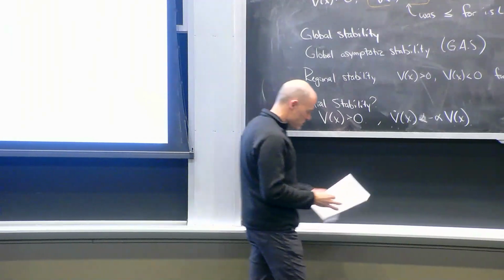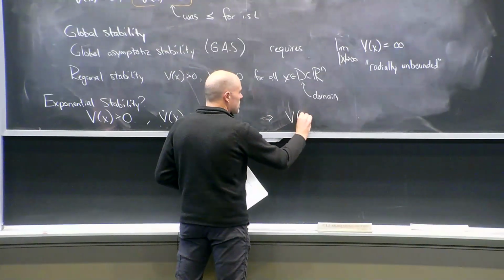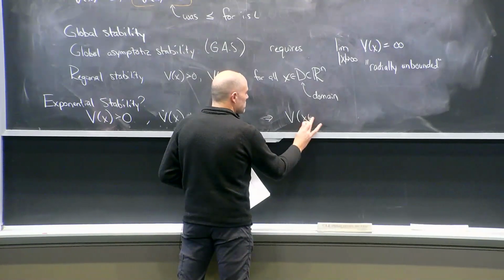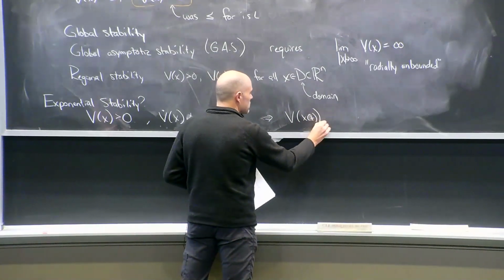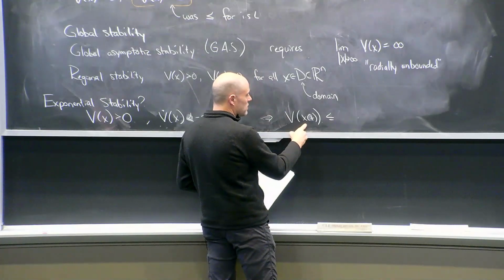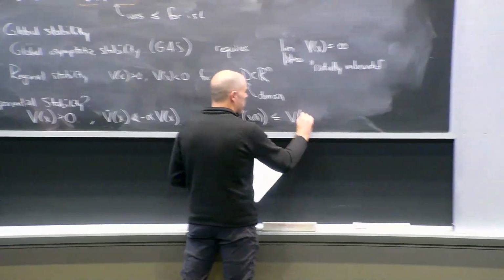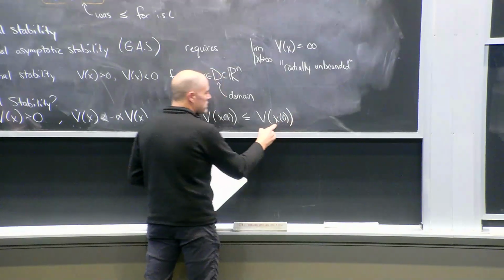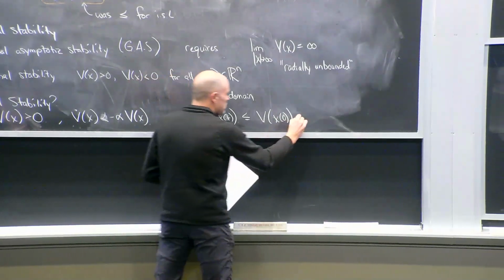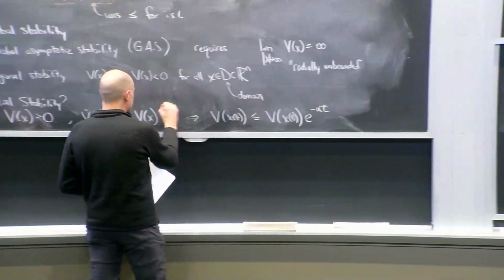Why does that work? Well, that implies that if I have some initial value of v, then the rollouts are going to be bounded by the initial value of v times e to the negative alpha t, for alpha greater than 0.